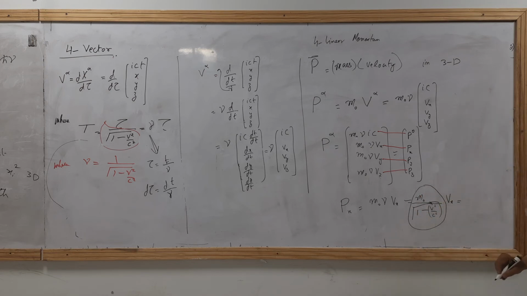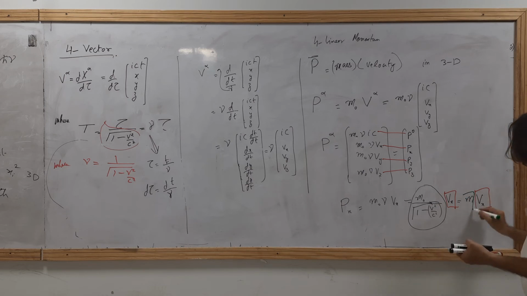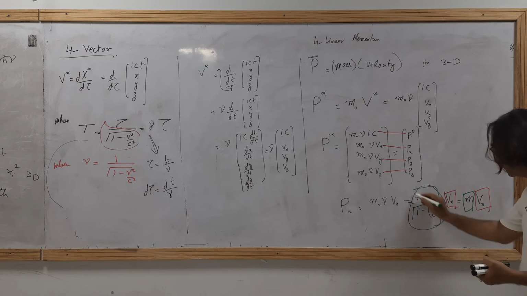But the actual definition of linear momentum is m Vx, mass multiplied by velocity Vx. So if I compare this with this Vx, this mass is equal to this.